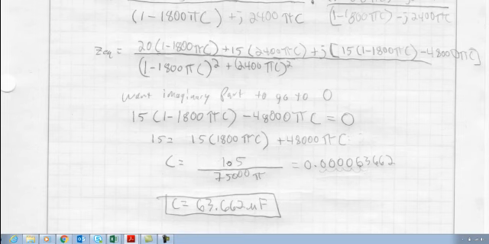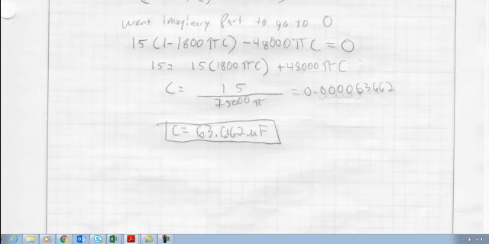So I divide 15 by 75,000 pi, and I end up with a capacitance of 0.000063662 farads. And so if I move my decimal place to the right 6 places, that works out to be 63.662 microfarads.